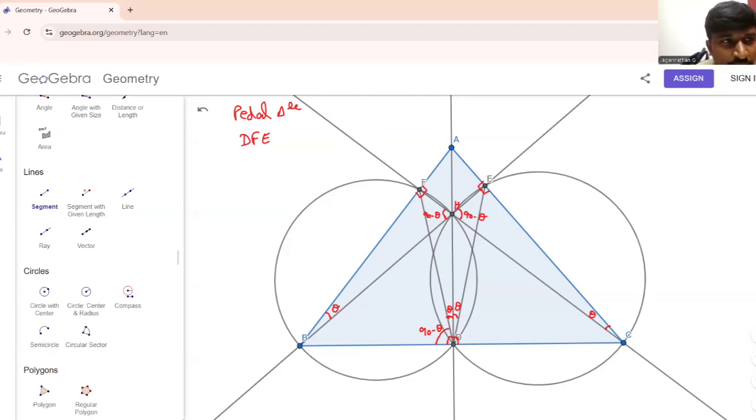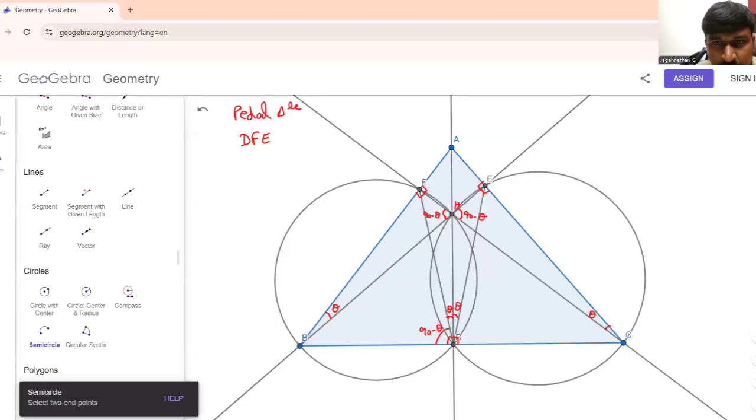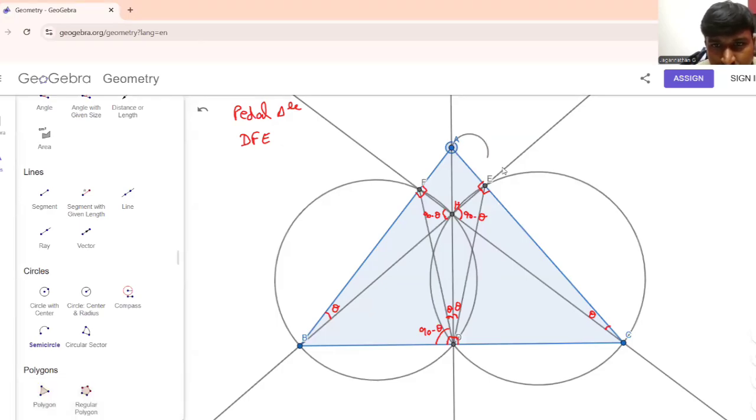So meaning there's one more circle passing through A, E and H also. Hope you understood. So there are three circles here because each of them is a cyclic quadrilateral. AFHE, FHDB, EHDC, they are all cyclic quadrilaterals.